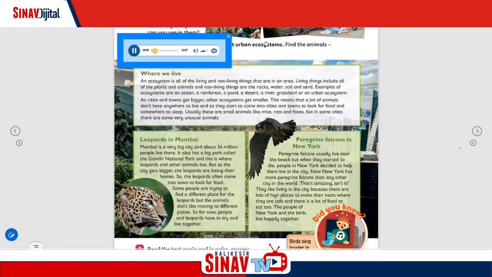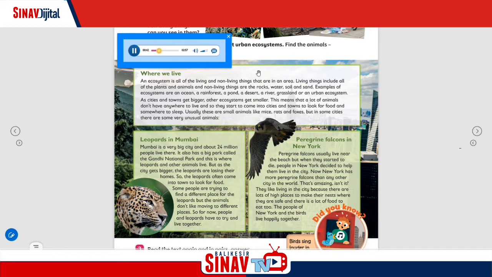Where we live. An ecosystem is all of the living and non-living things that are in an area. Living things include all of the plants and animals, and non-living things are the rocks, water, soil and sand. Examples of ecosystems are an ocean, a rainforest, a pond, a desert, a river, grassland, or an urban ecosystem.